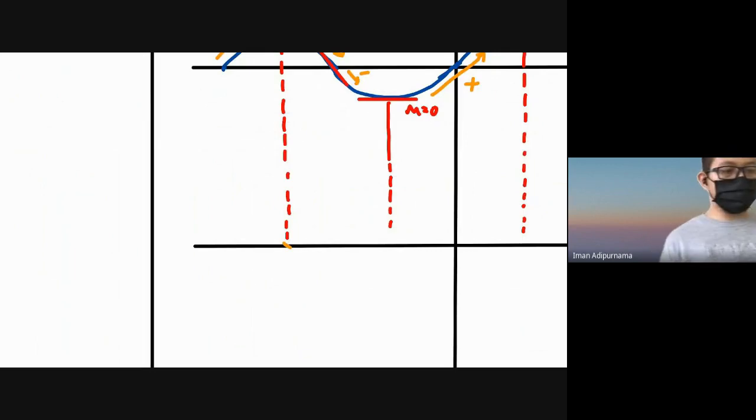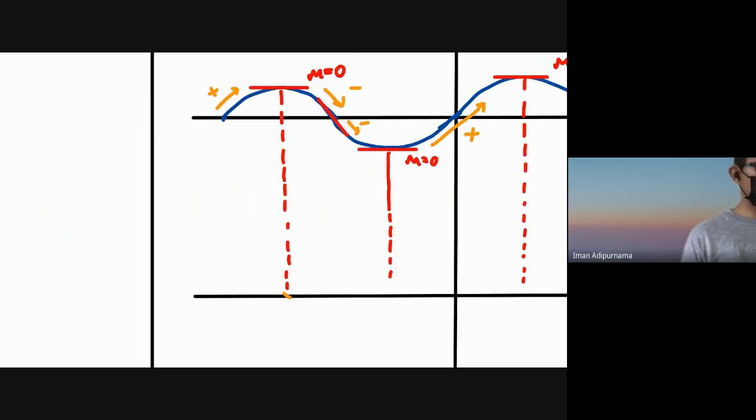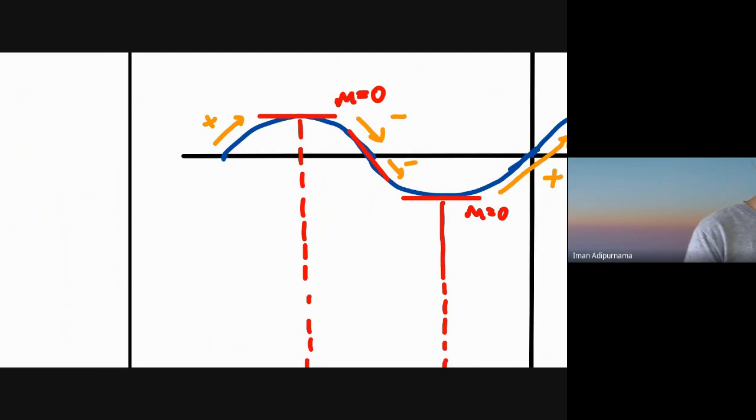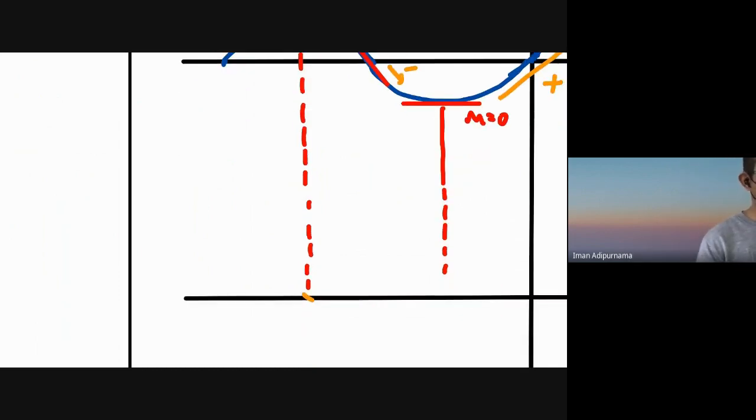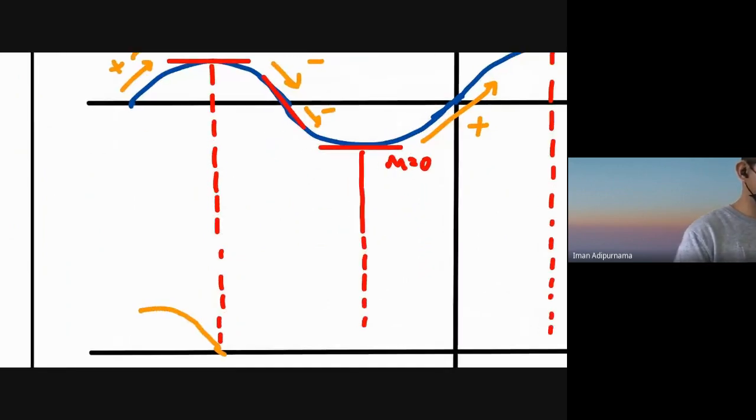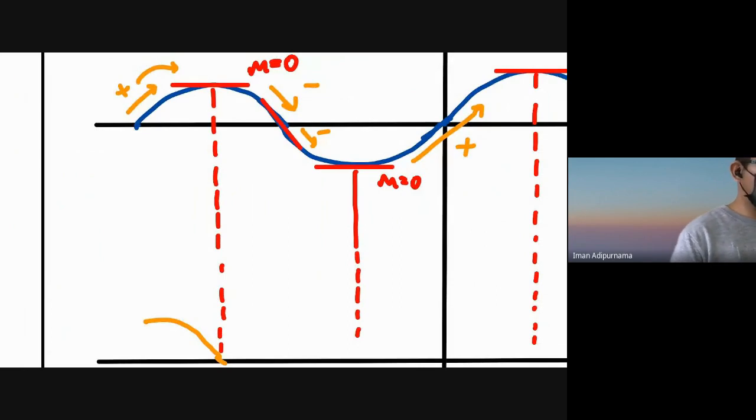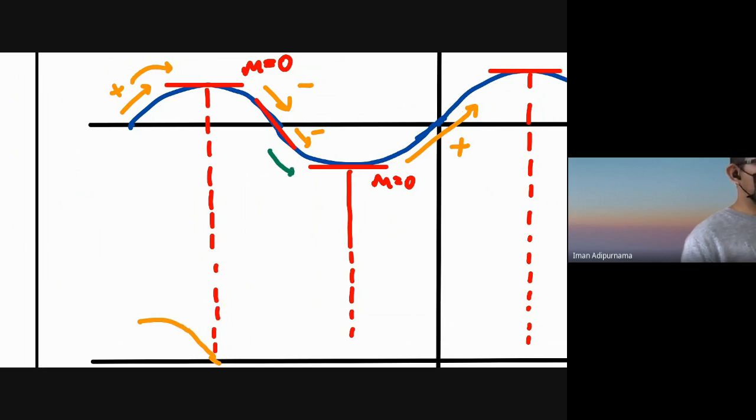From the first one here, we have a positive increasing, but when it's reaching 0, so from plus to 0, it's going to be decreasing, right? So the curve should be going down here, right? And then it's negative. It's decreasing from 0 to negative until a certain point, and then after this point here, it's a little bit increasing until 0, right?